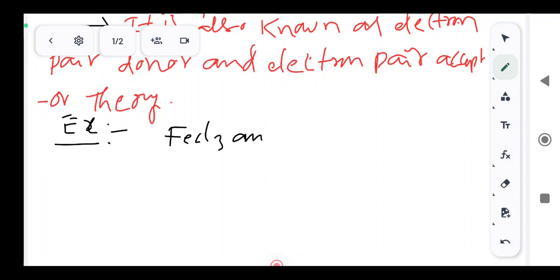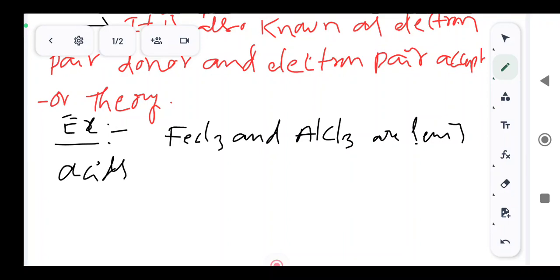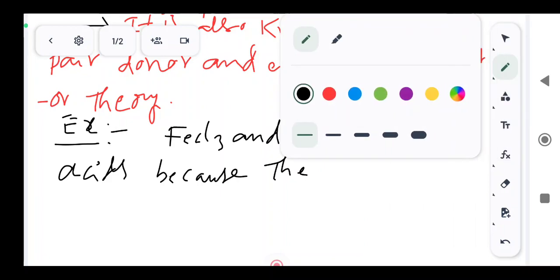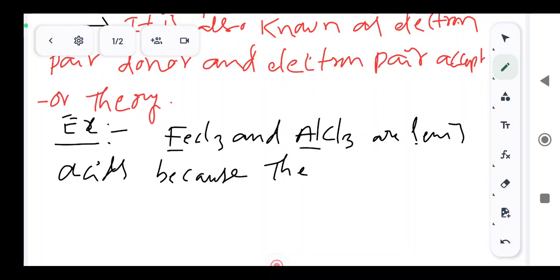FeCl3 and AlCl3 are Lewis acids because of the central atom. Here the central atom is Fe, and here the central atom is Al.